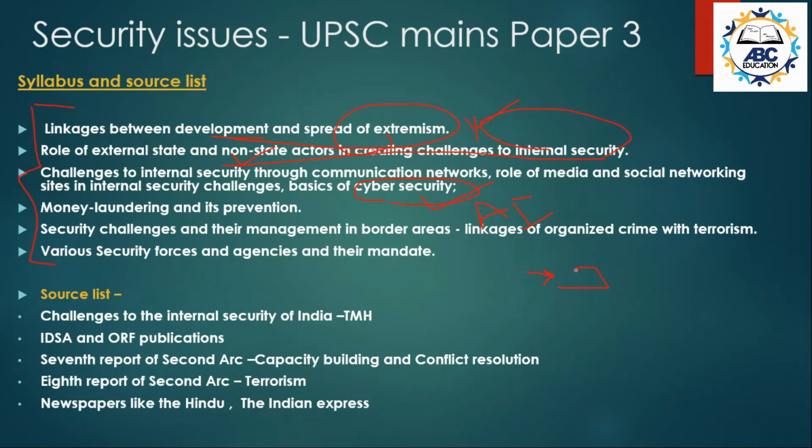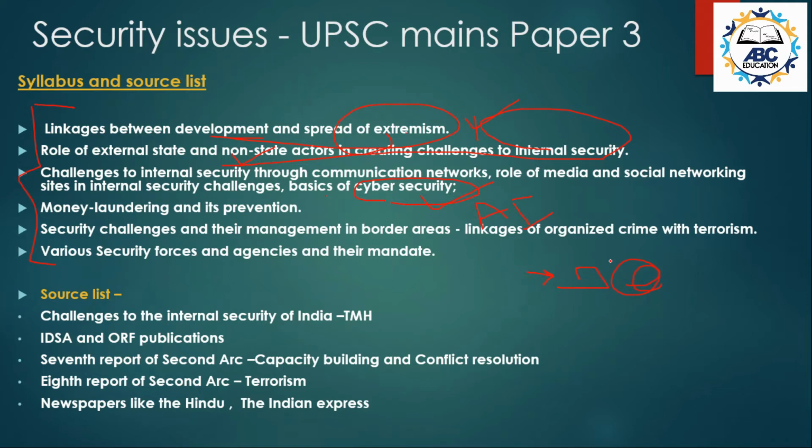Whether it is related to critical infrastructure, defense, space-related information, or education and health, all this sensitive information is these days stored in digital form. Every piece of information, sensitive government information also, is these days present on government websites.